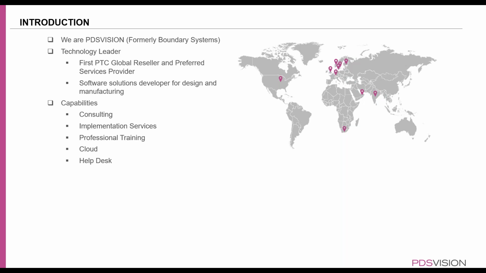As you can see on the right-hand side, because we are part of the PDSVISION group, we have offices all over the world. I think most of you are familiar with Boundary Systems in Cleveland, Ohio. I'm based in South Africa, right at the bottom there. And then we also have a few offices in Europe and around the world.